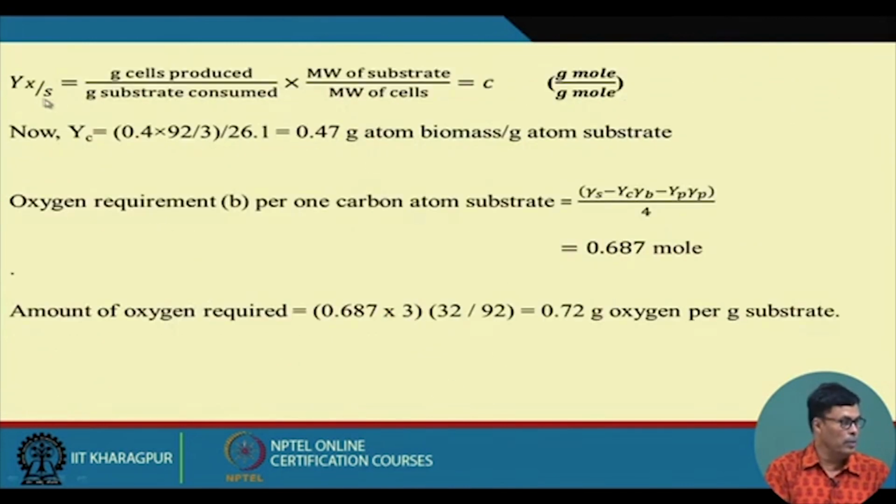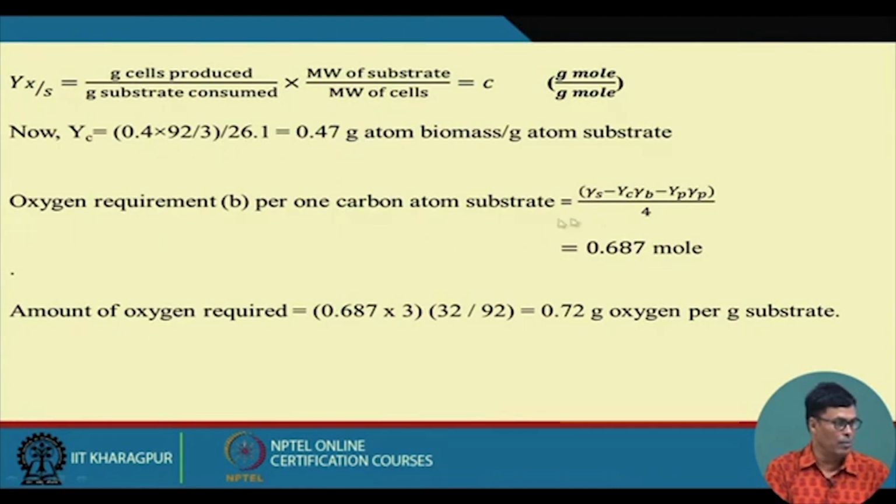Then we calculate the Yx/s. This is gram of cells produced per gram of substrate divided by their respective molecular weights. We get gram atoms of cell produced per gram atom of substrate consumed. This is equal to Yc, and it comes to 0.4 multiplied by 0.47.